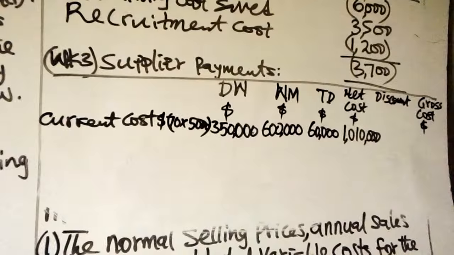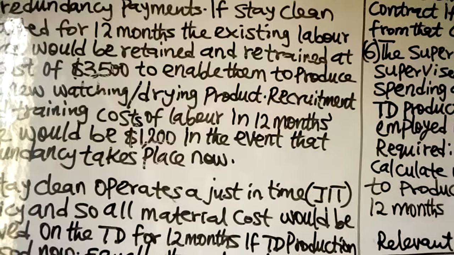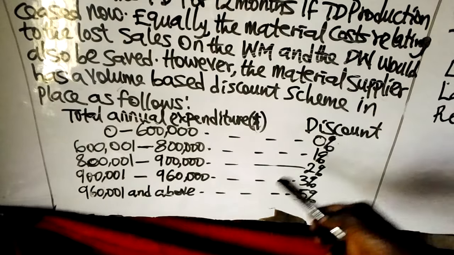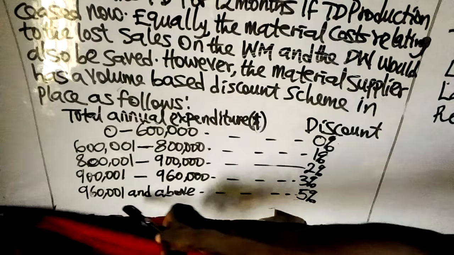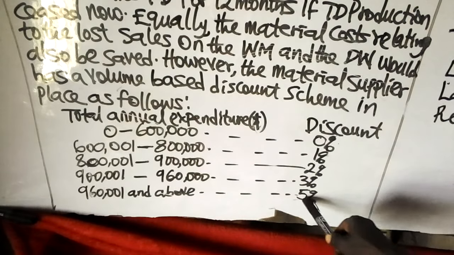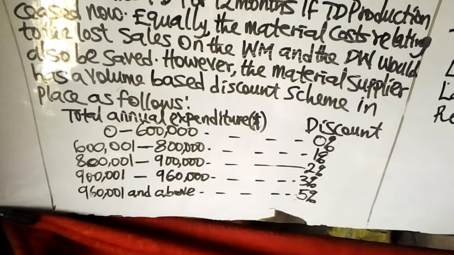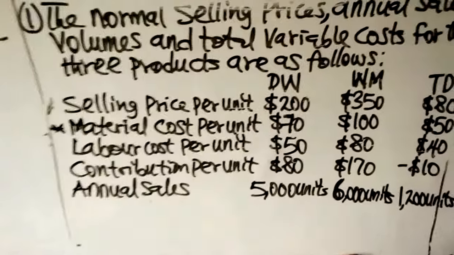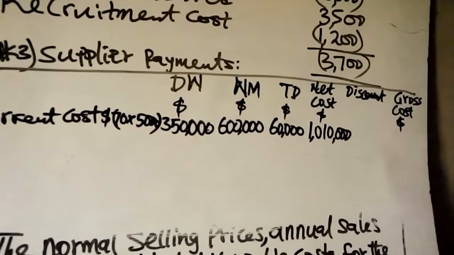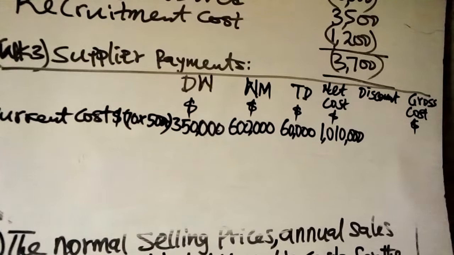Remember, you will enjoy certain discount, and you are given different discounts. If the 1,010,000 is between 960,000 and above, that means you enjoy 5% discount. That is, if you want to produce the 3 products, you enjoy 5% discount because of purchasing 1,010,000.